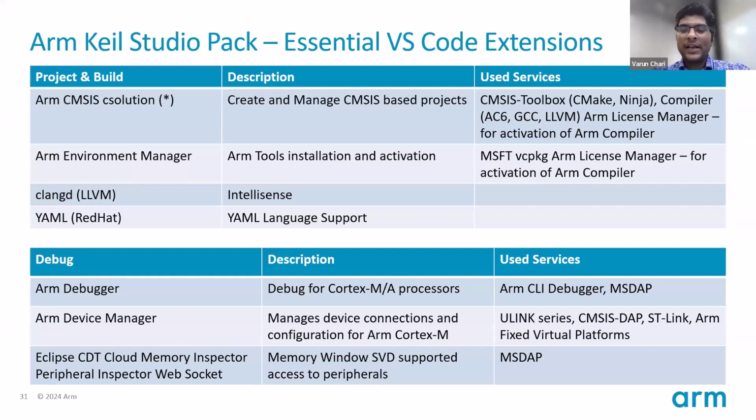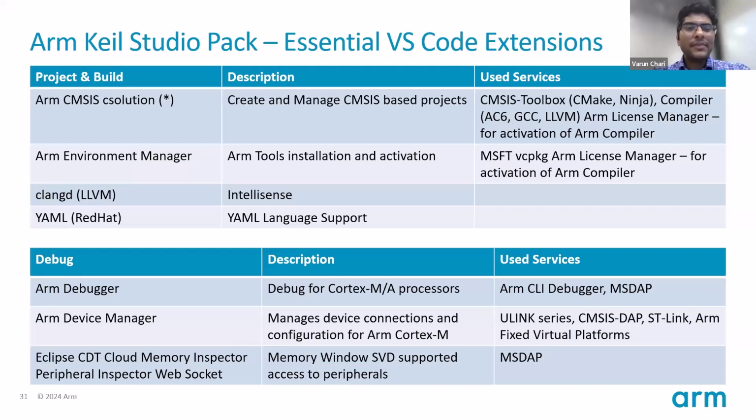You don't have to be dependent on your single host development machine. In this case, you just configure your VS Code using the vcpkg environment manager and install all the necessary tools. And even if you change the host machine and clone this particular project onto a different host machine, it will automatically pick up this environment, and you can start developing from there. So it basically helps speed up portability and productivity.